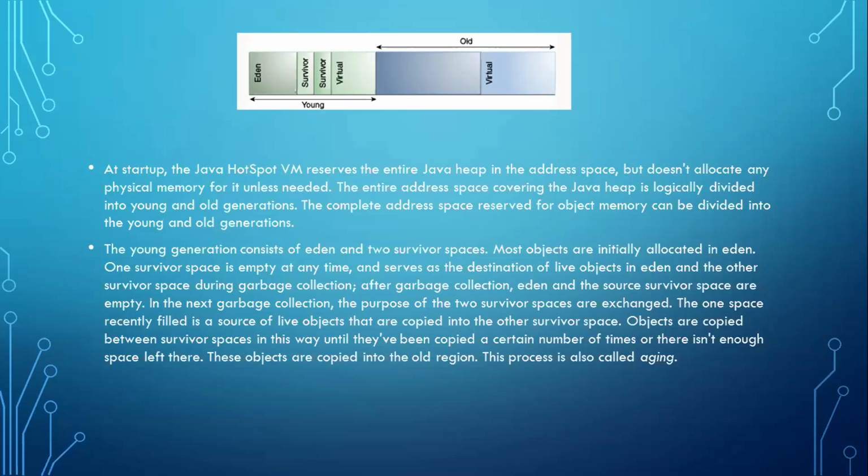So all these new objects, whatever you are going to create through your program, are firstly allocated into Eden space. Eden space is the area within young generation where you allocate your newly created objects. So young generation is specifically meant for allocating memory for newly created objects, and to be very precise, it's the Eden space where those objects get allocated.